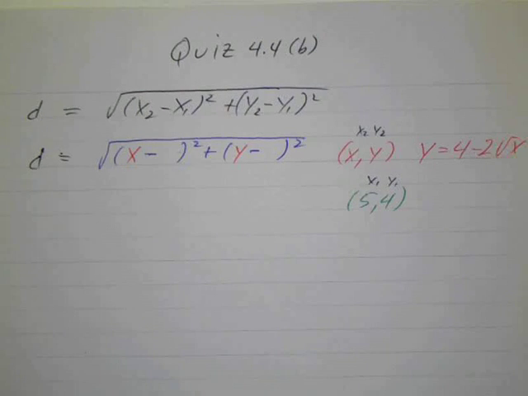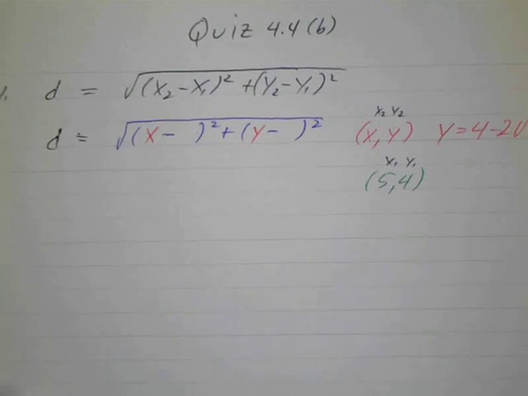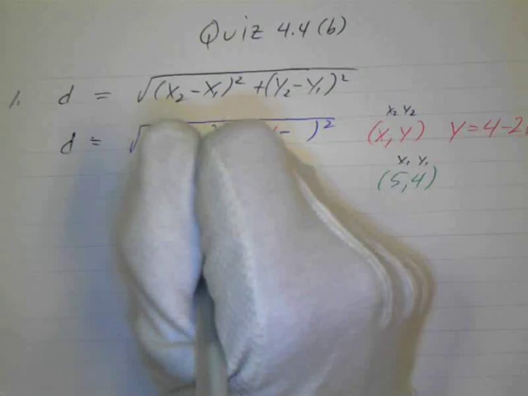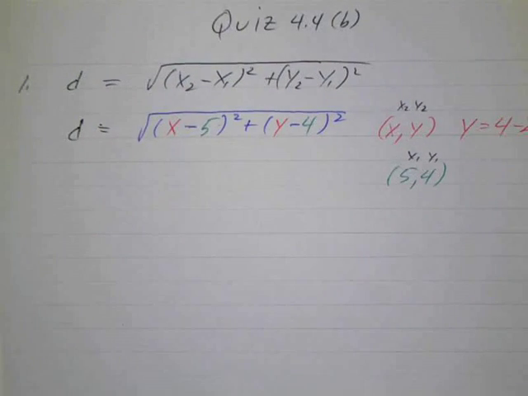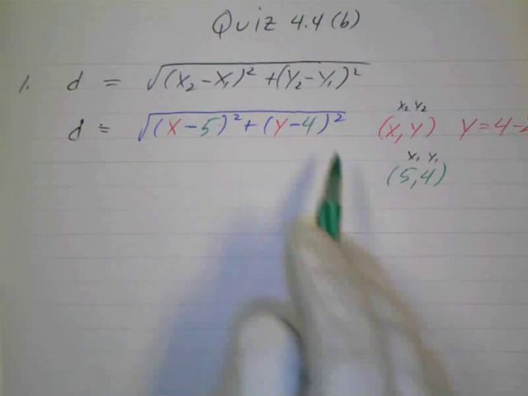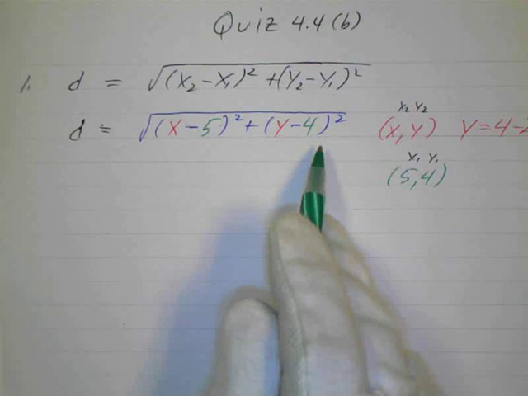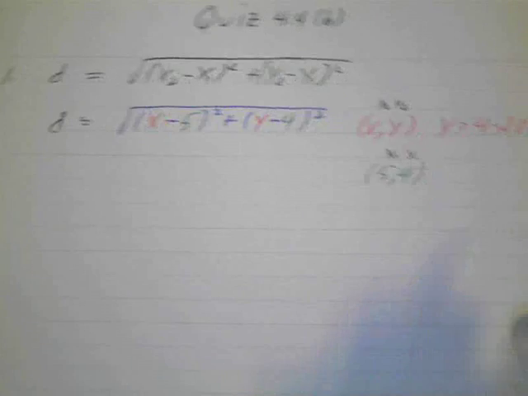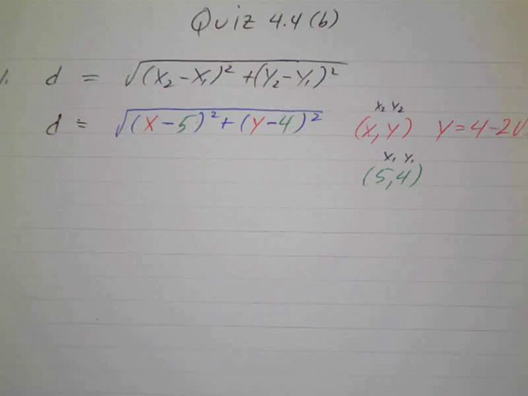Fill that in. And there you have it. Now, this is what we're going to try to take the derivative of, but the problem is that it is not in one unknown, it's in 2 unknowns. So we're going to have to use the fact that y is actually equal to 4 minus 2 times the square root of x. And this is kind of like our constraint.